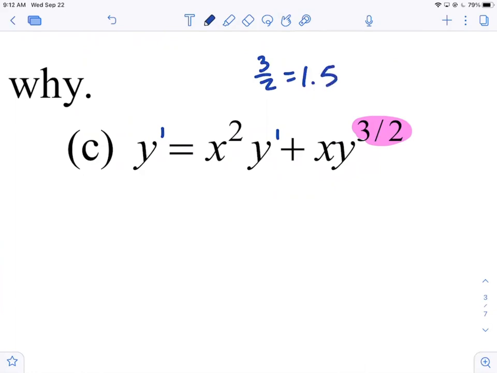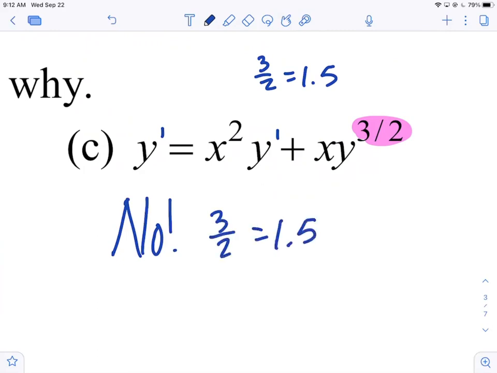You think this is a function, yes, or not a function, no? No, you're right, no. Because 3/2, which equals 1.5, is greater than 1, right? Now, what does it mean that you're going to have 1.5 y values per x? Well, that's a little bit hard to show.